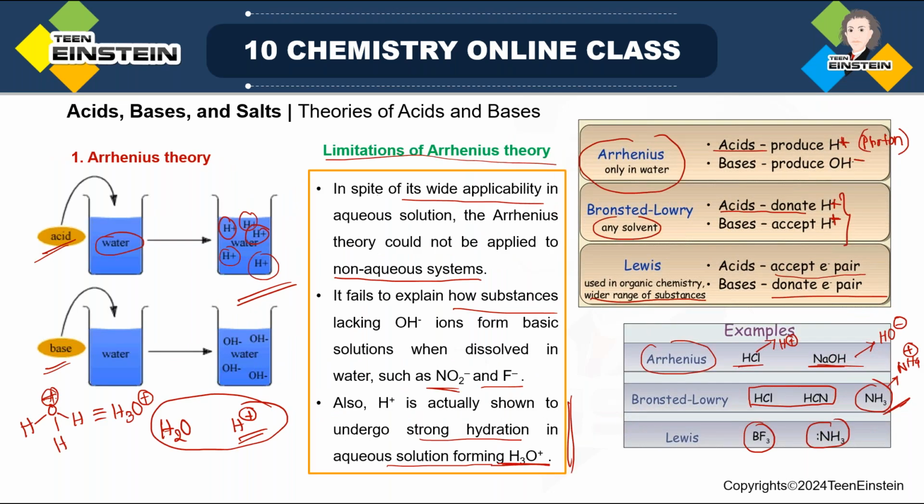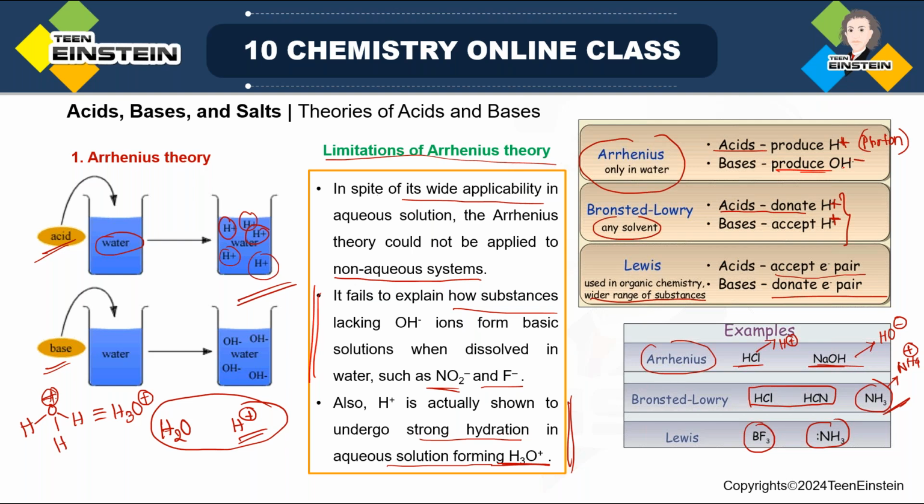So what I am trying to say, in the previous case, when we talked about limitations of Arrhenius, there we mentioned in the second statement that how we will apply this theory for those compounds where no OH is present, right? Because the base definition is it should produce OH minus. But if OH group itself is not present in the molecule, then how will you give that definition?